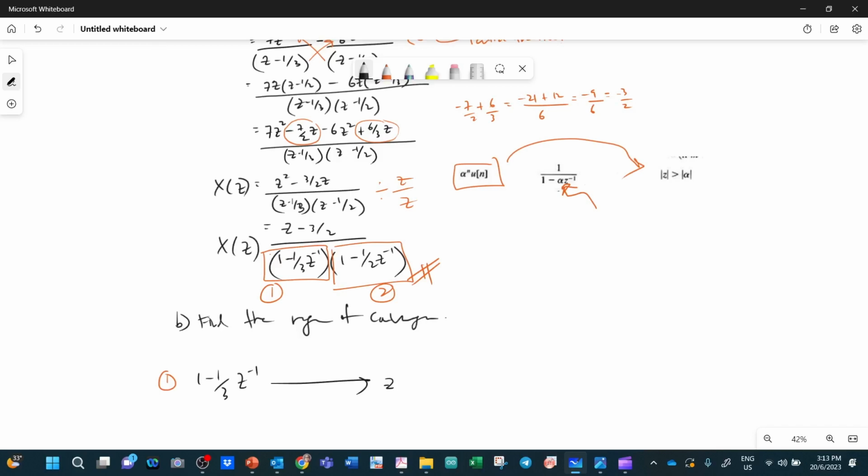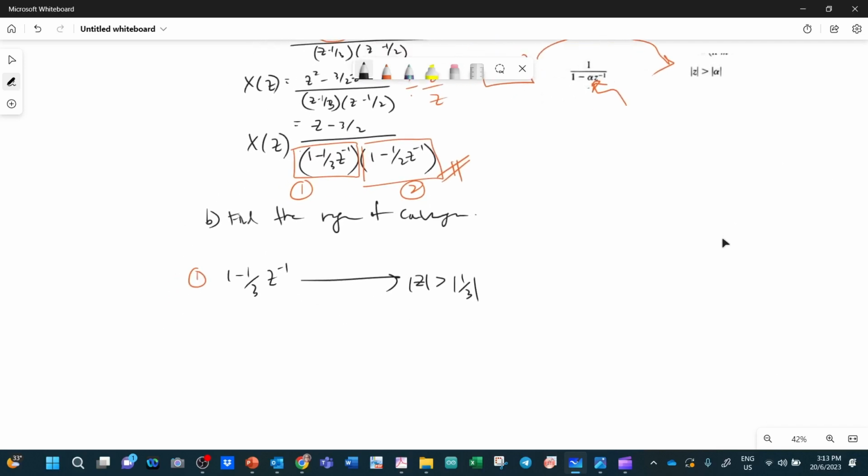So you know that the magnitude of z is going to be larger than 1 over 3. And for the second one, 1 minus 1 over 2 z inverse, you have z more than a.